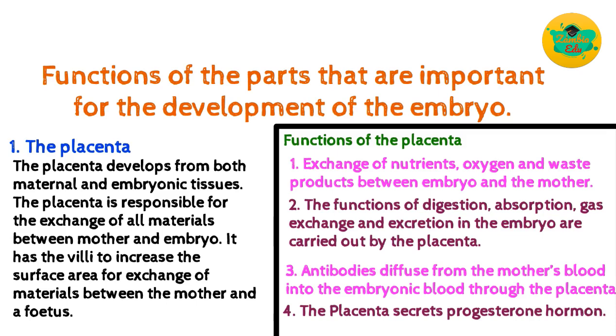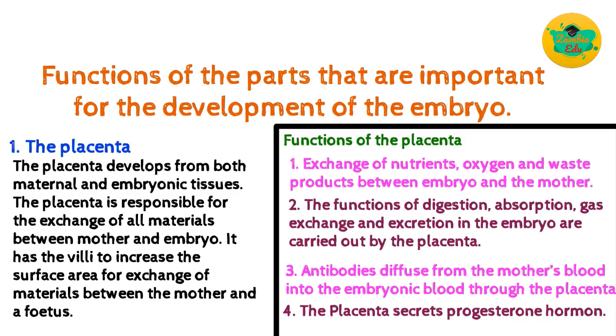Oxygen and digestion products, for example glucose and amino acids, pass from the mother to the embryo, while carbon dioxide, urea, and other waste products pass from the embryo to the mother. All blood cells, plasma proteins, malaria parasites, bacteria, and viruses do not pass through the placenta to the fetus.